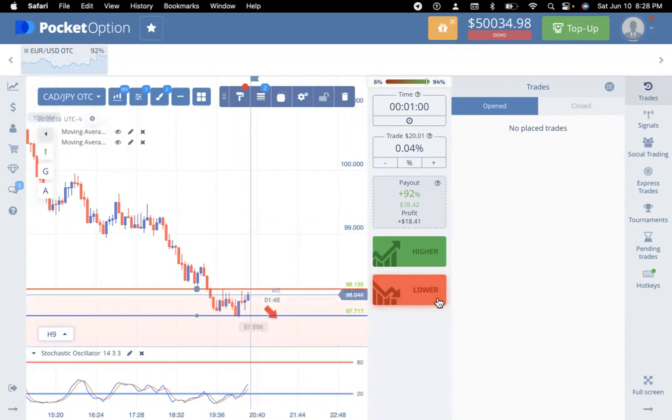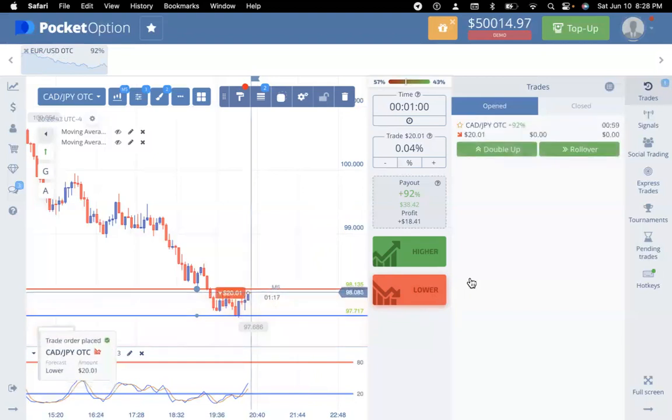So the closer my trade gets to that line, I'm like, okay, it's getting there, it's getting there. All right, so let's say I decided to take my sell here.